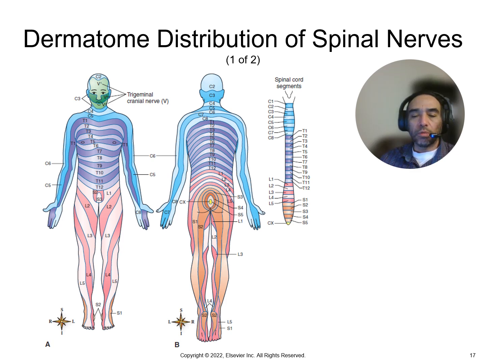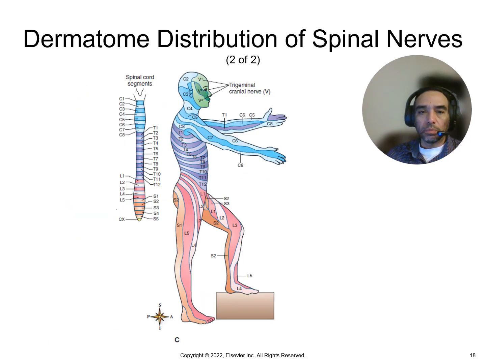All of that in one dermatome is innervated by one pair of spinal nerves. So your body can get confused if you have pain in one area when it's actually somewhere else. And we call that referred pain. All right. This is figure 21-8.